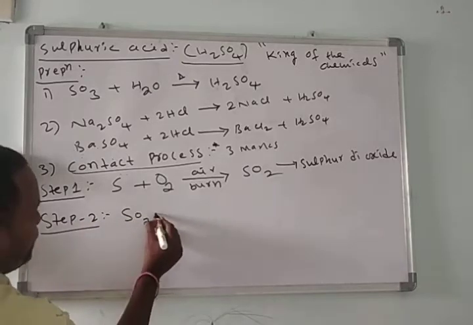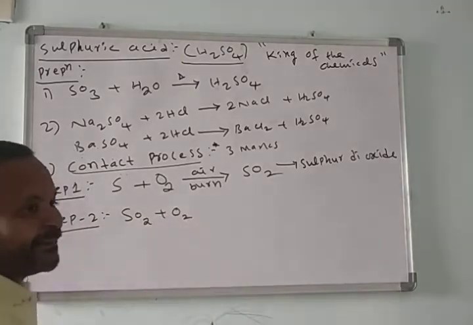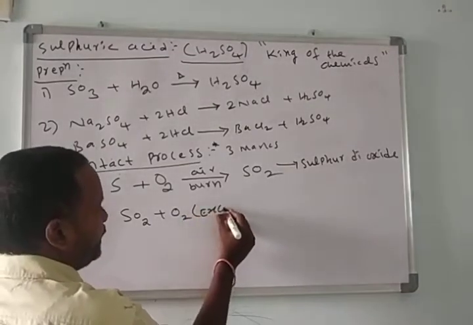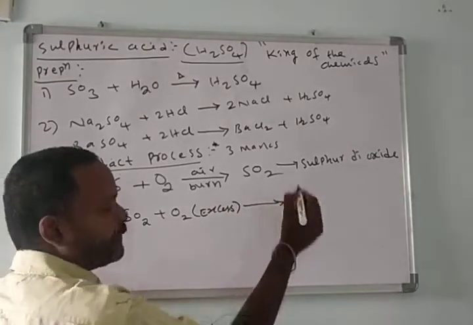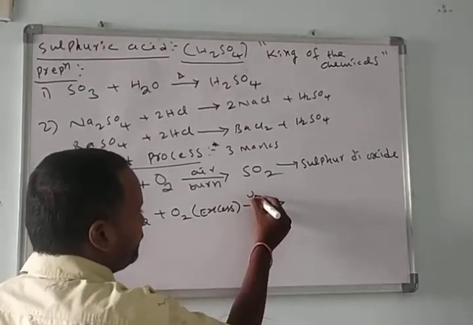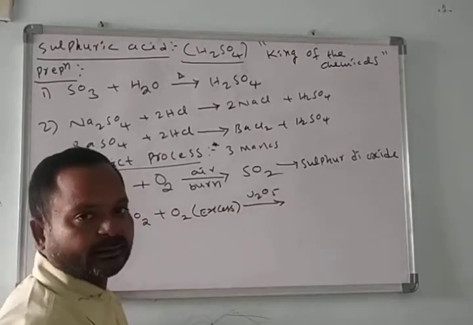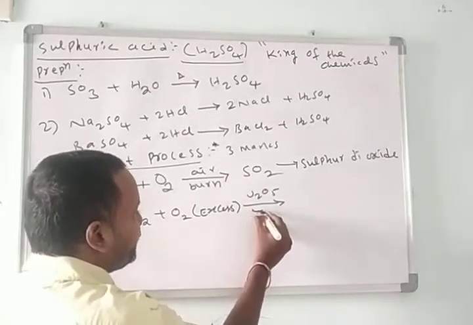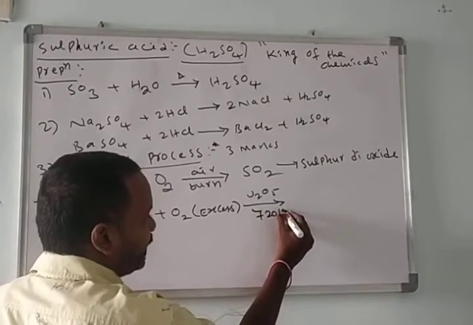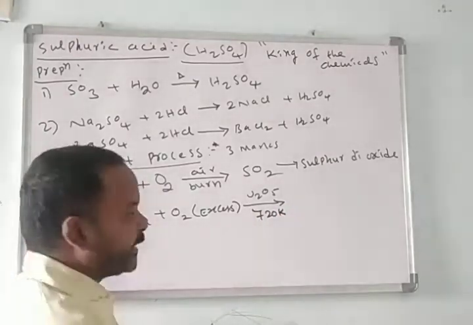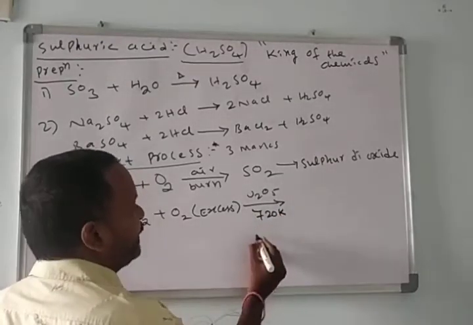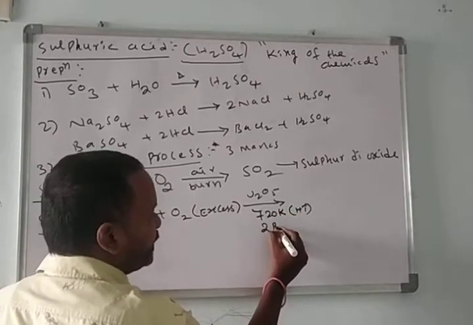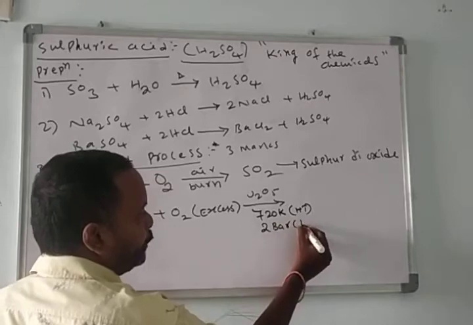Sulfur dioxide reacts with an excess amount of oxygen in the presence of vanadium pentoxide catalyst at 720 Kelvin temperature, that means high temperature. Low pressure, 2 bar pressure.